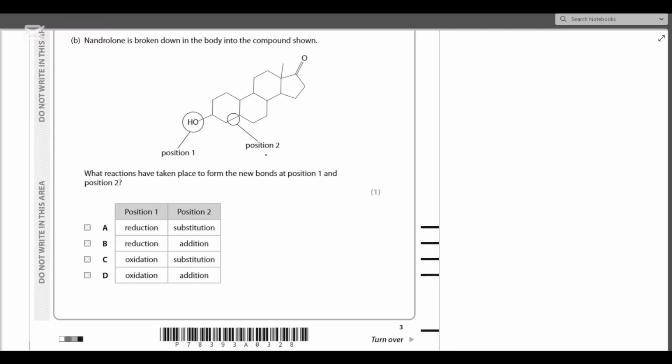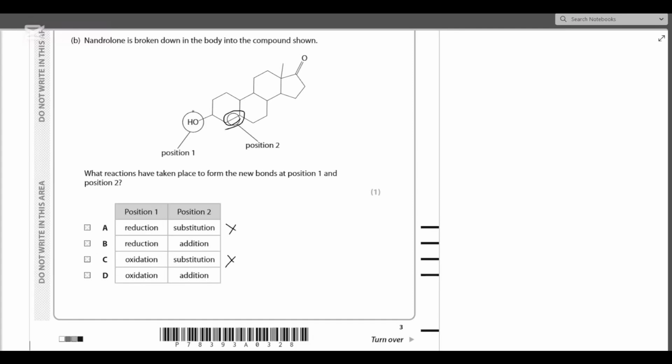In position 2, we can see the production of a carbon to carbon single bond, which is only possible by an addition reaction. So there is no substitution reaction among the options, so A and C are irrelevant, and B and D are the possible answers.